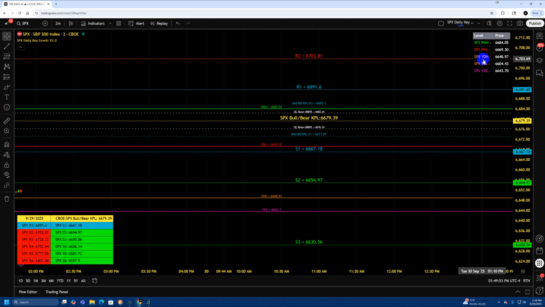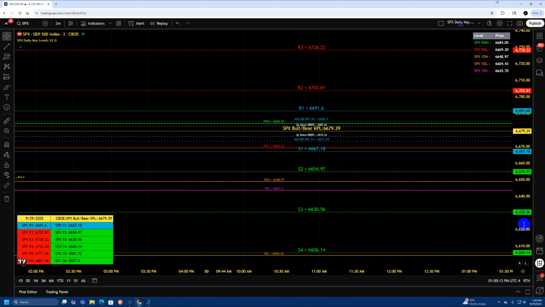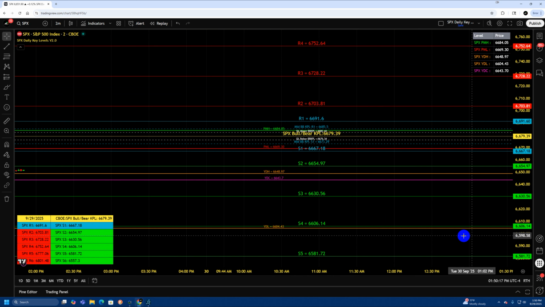So the previous day levels are YDH, YDL, and YDC: yesterday's high, yesterday's low, yesterday's close. PMH and PML are the current session's pre-market high and pre-market low. So pre-market high, pre-market low, YDH, YDC. And as we move down, here's the low from the previous RTH session.